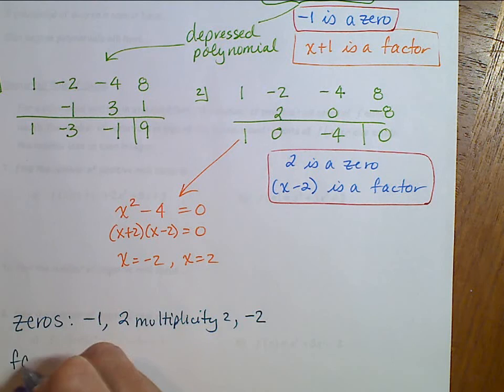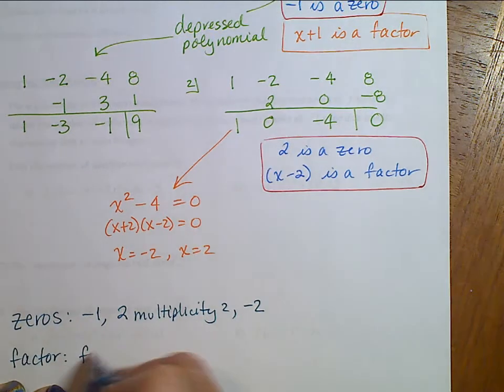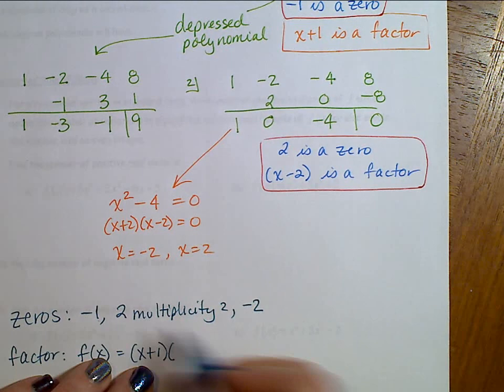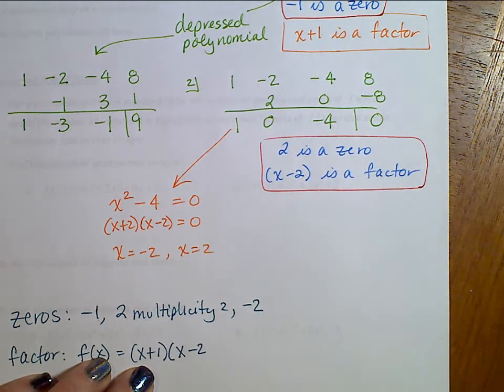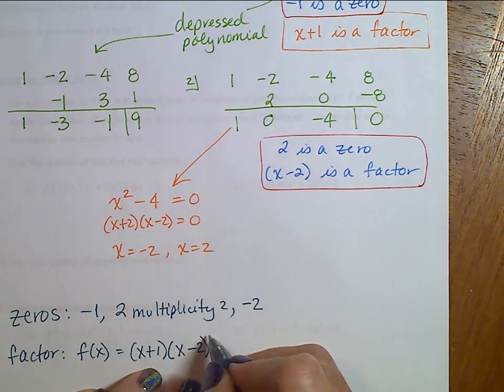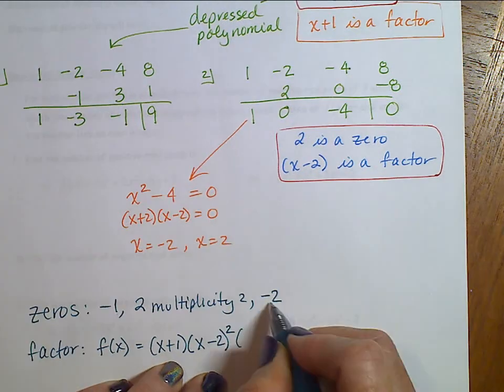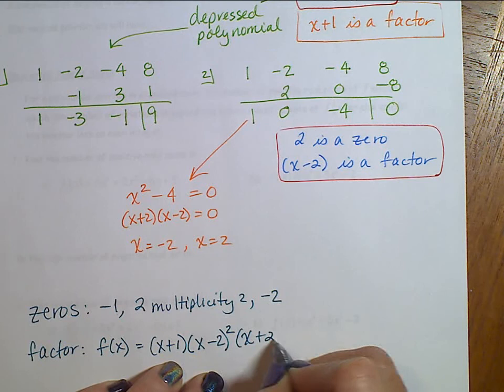Factor, if we want to factor f of x, that's going to be x plus 1 times x minus 2 squared, because that was a multiplicity 2, and in this last one, an x plus 2.